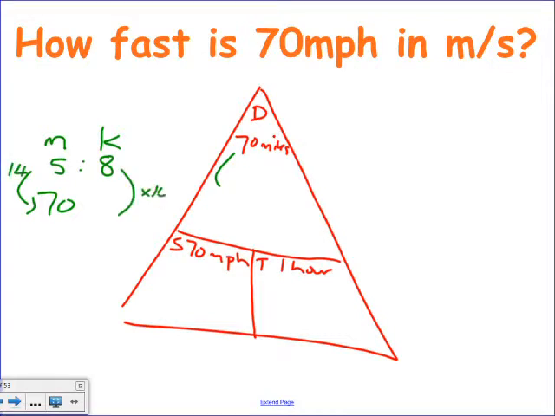Multiply this by 14, I get 112. So 70 miles is 112 kilometres.